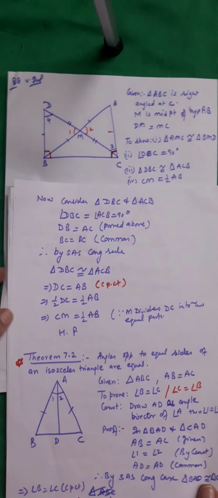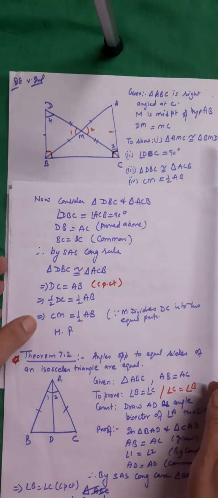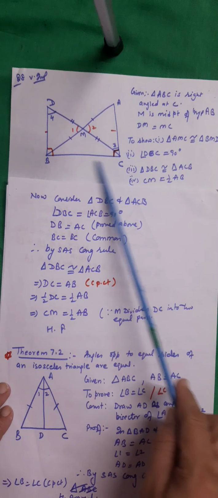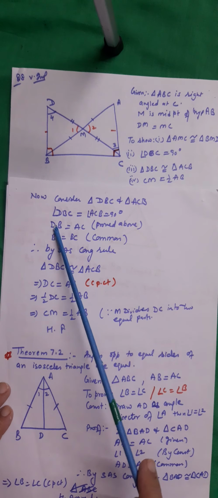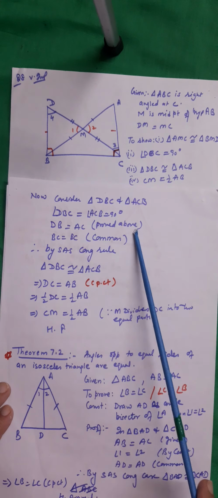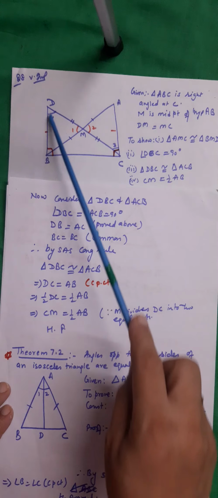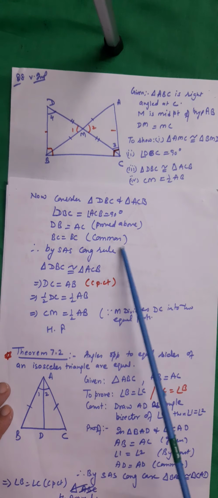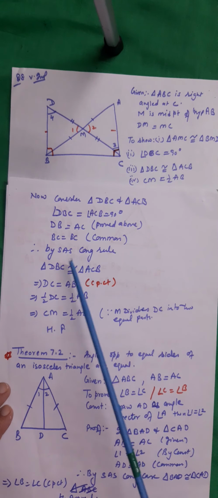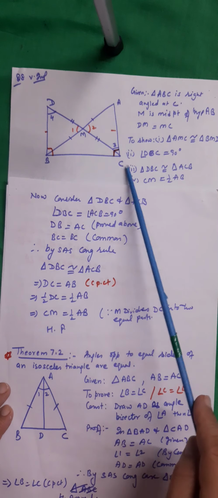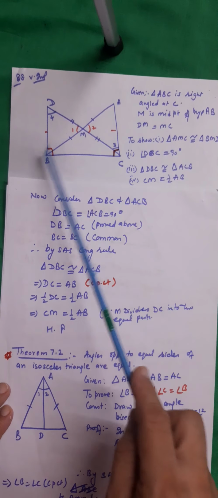Now, consider triangle DBC and triangle ACB. Here angle DBC and angle ACB are 90 degree each. Just now we have proved that DB and AC are equal, and BC is equal to BC common. Therefore, by SAS congruency rule, triangle DBC is congruent to triangle ACB.